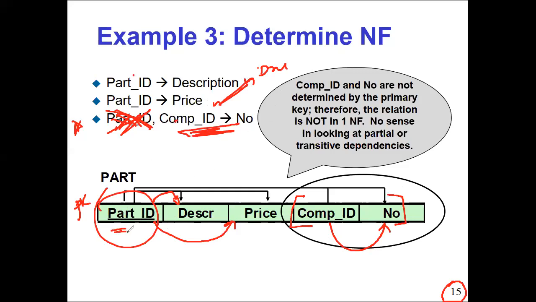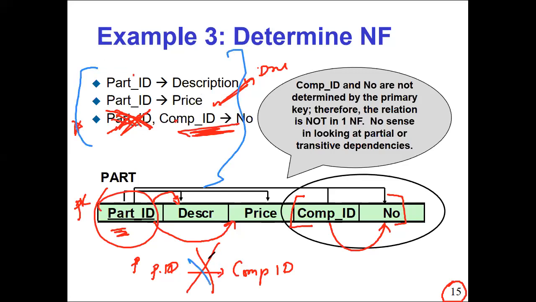We don't have any option like this here in this case. So the comp ID does not depend, directly or indirectly, on the primary key.